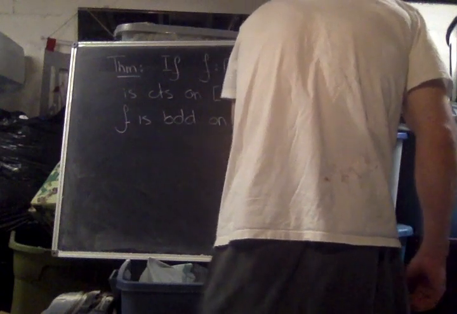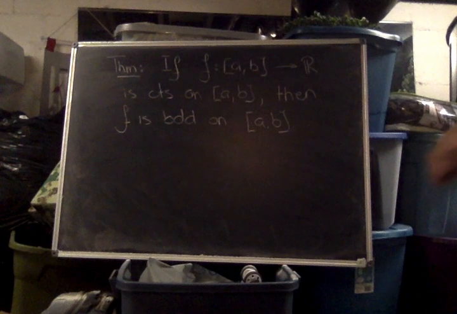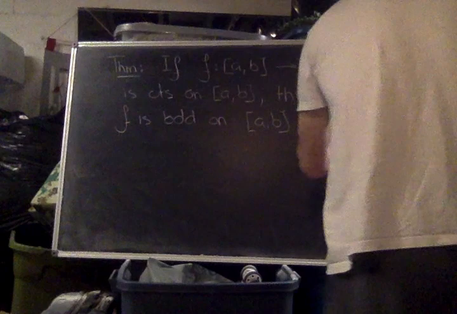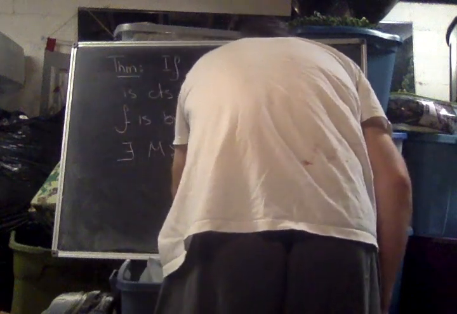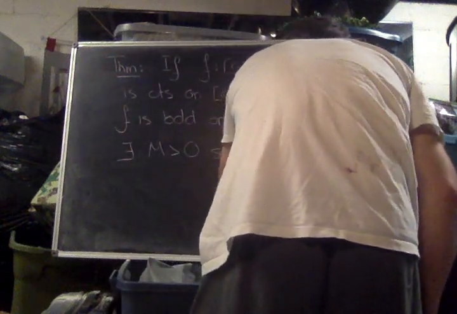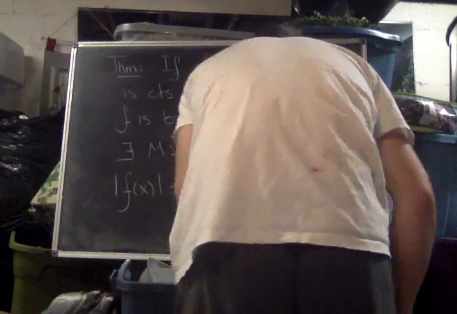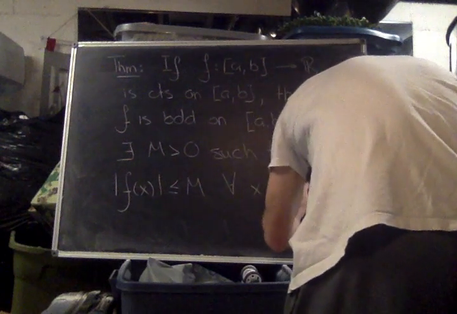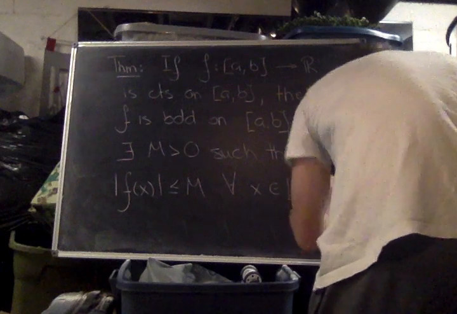And we might as well even recall what that means, i.e., there exists some, say, capital M greater than 0, such that the absolute value of f of x is less than or equal to M for all x in the domain [a, b] of f.